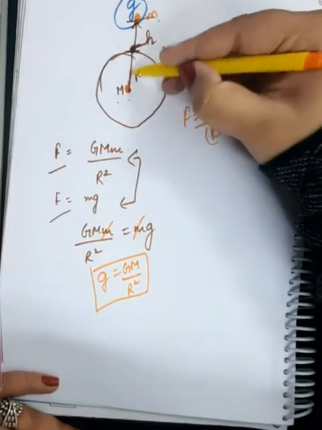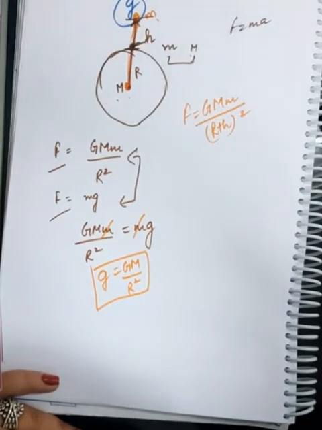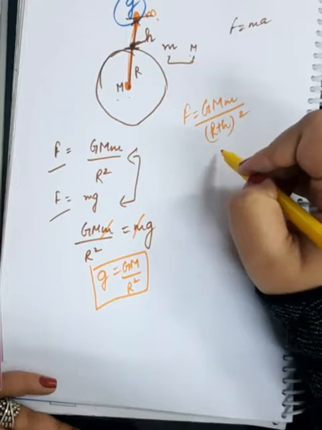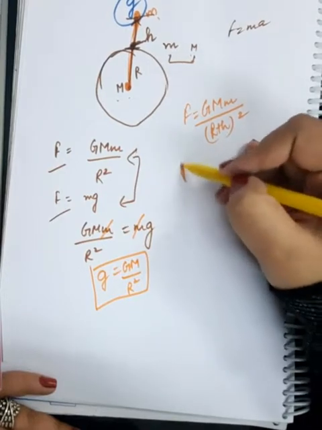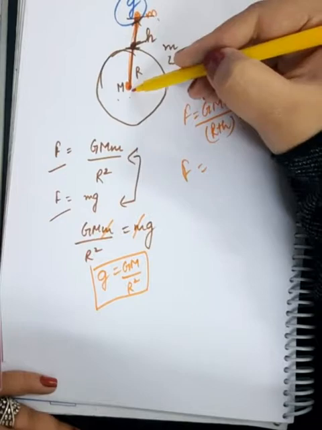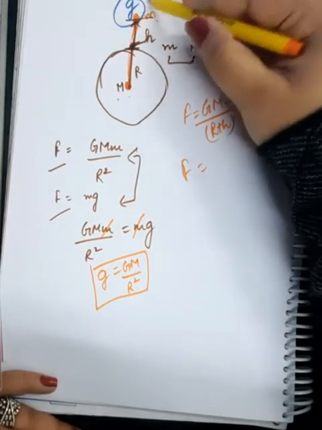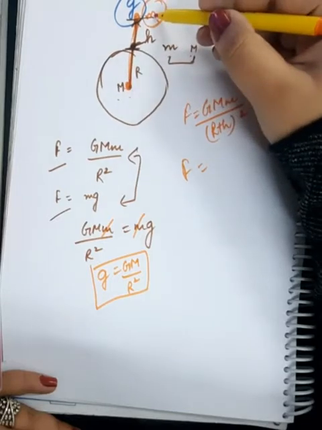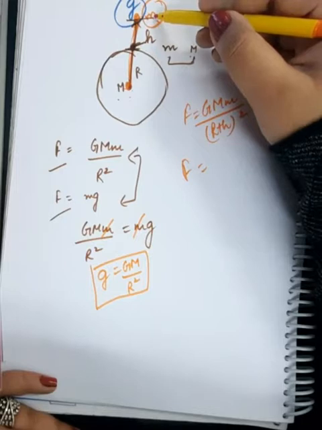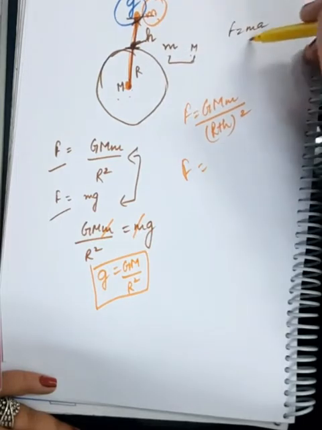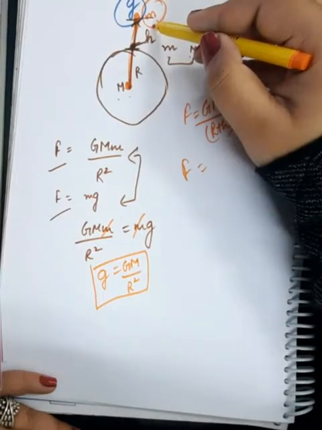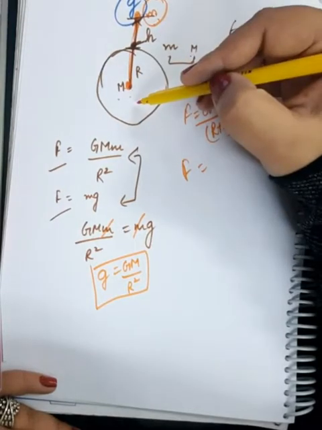Reason being, now the distance is R plus h, and Newton's law of gravitation says that you have to square the distance, right?